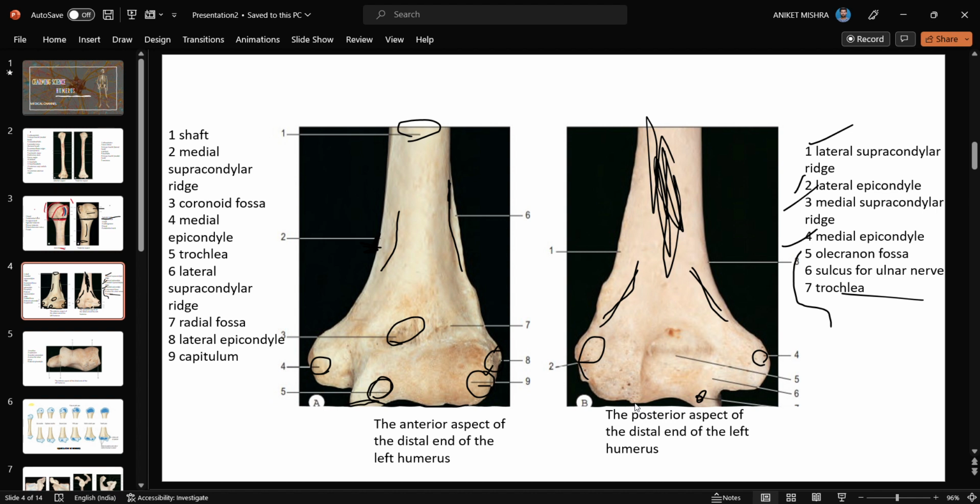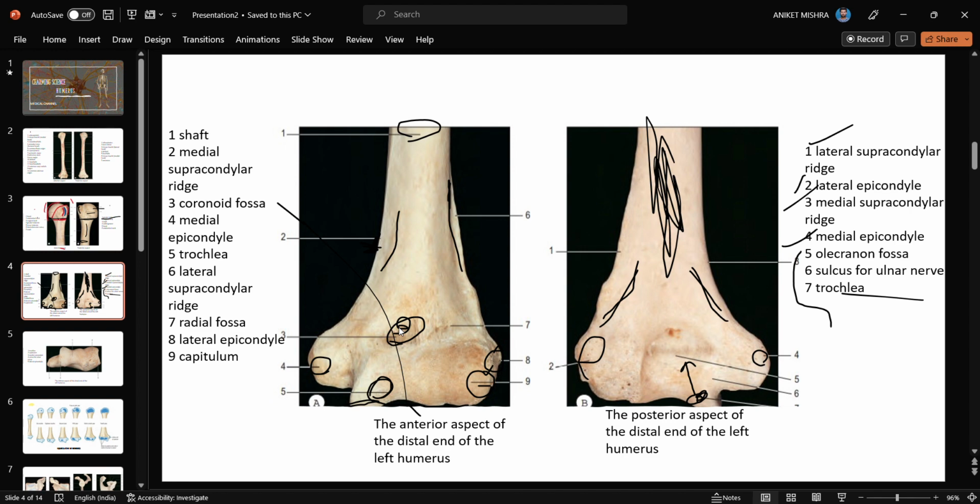It is present on the posterior aspect, a little above the trochlea. It accommodates the olecranon process of the ulna when the elbow is extended. So when the elbow is extended, the olecranon process fits in it, and when the elbow is flexed, the coronoid process fits into the coronoid fossa.